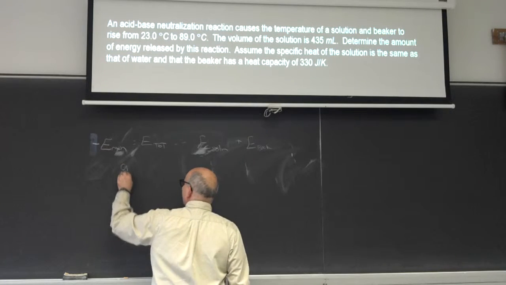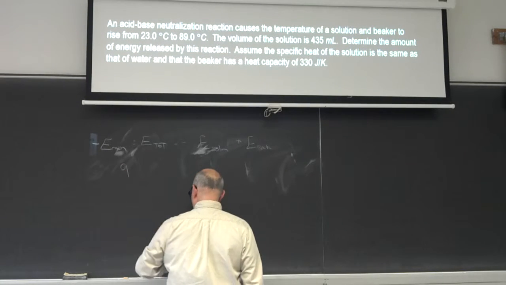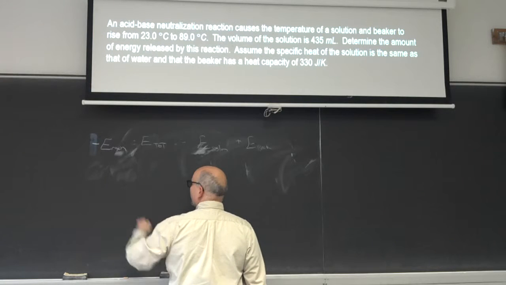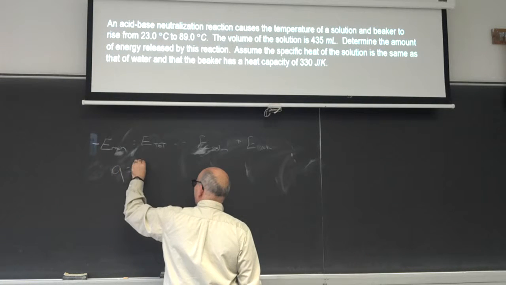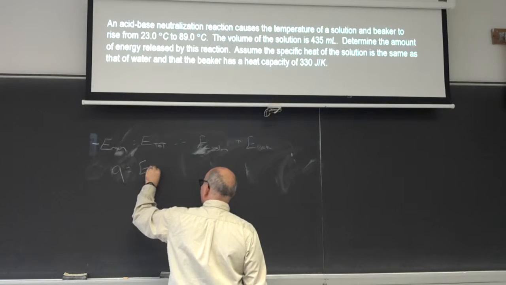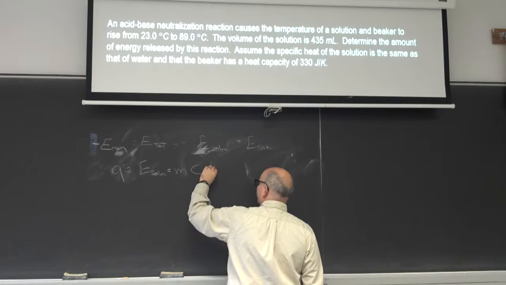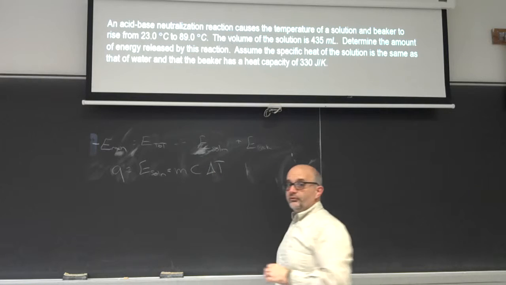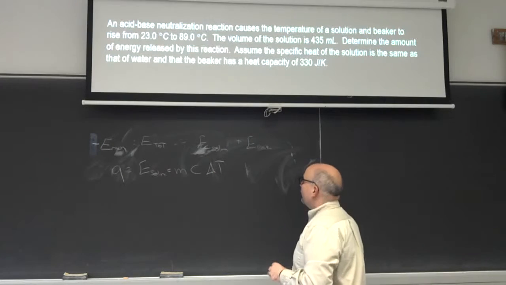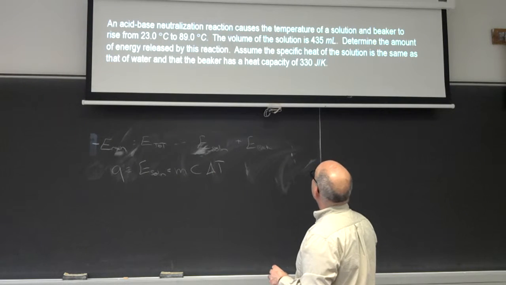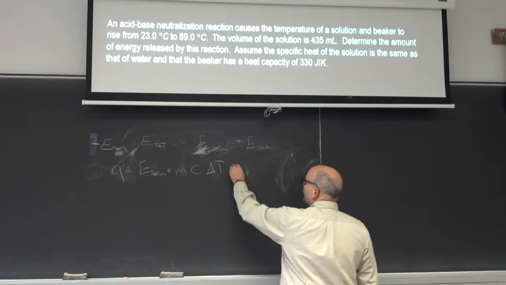So let's do the one that we probably know. The heat or the energy change of the solution is equal to just its mass times its heat capacity times the change in temperature. And we actually have almost all of these things.